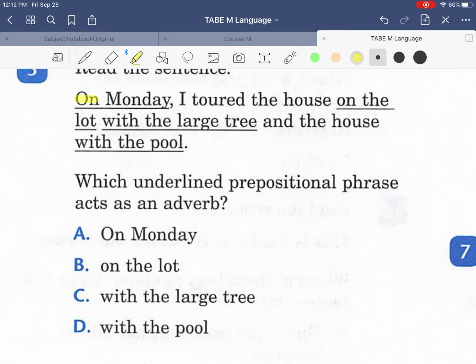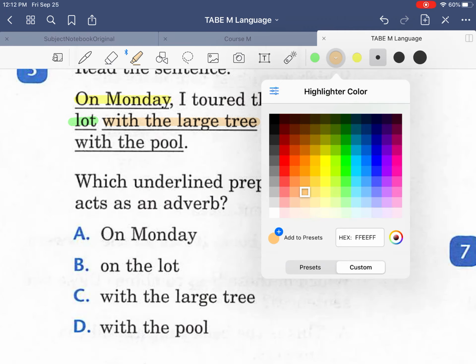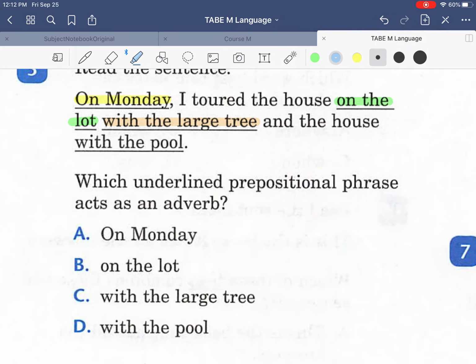So we have on Monday, and then we have on the lot, with the large tree, and with the pool. Actually, let me make all of these a different color. So this sentence is full of prepositional phrases.